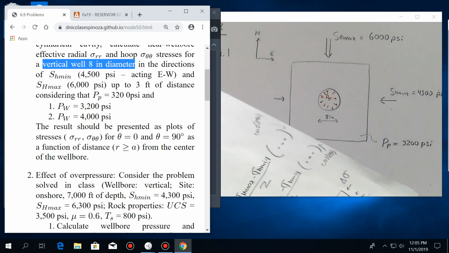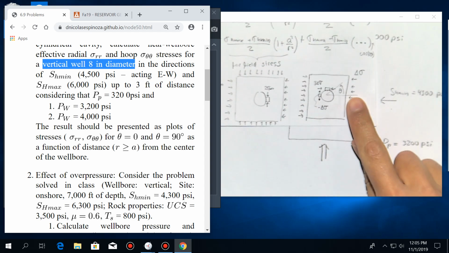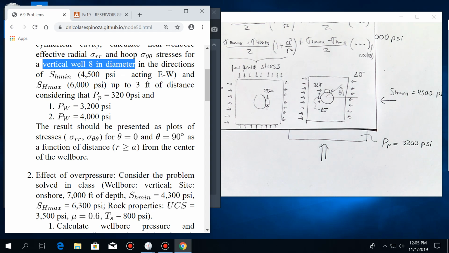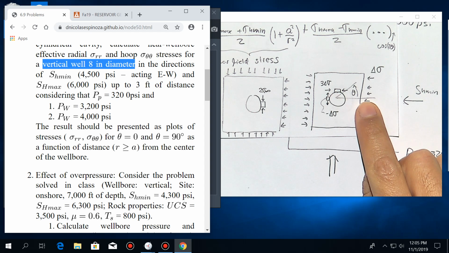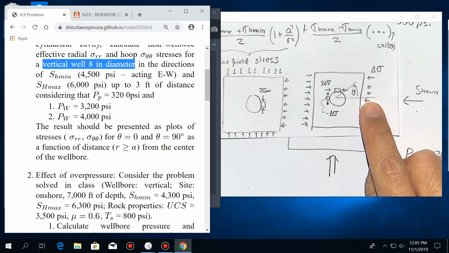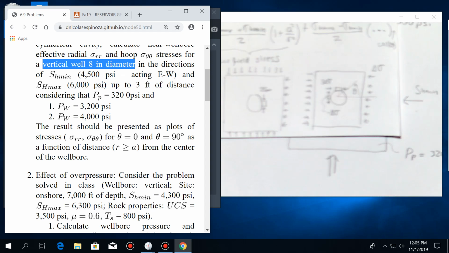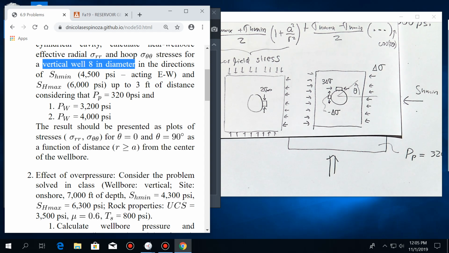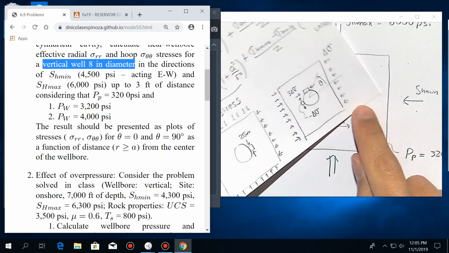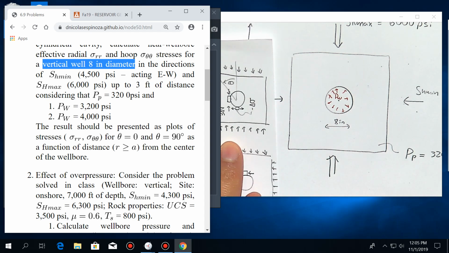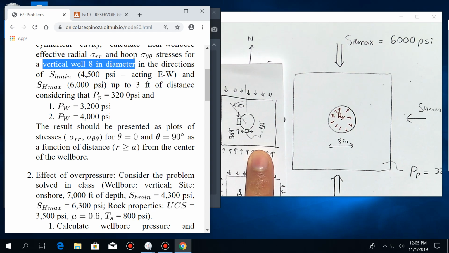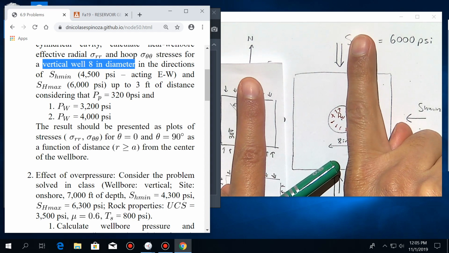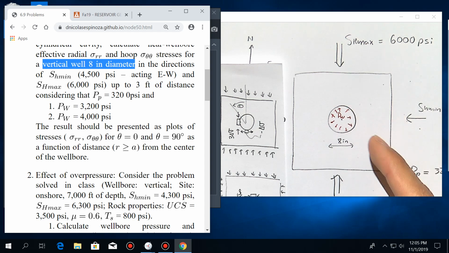And if you remember, that angle theta is always going to be measured from the direction of the maximum stress, which in this case coincides with the direction of the additional differential stress. So in this particular case, that maximum stress is in this direction here, and therefore theta is going to be measured from the direction of SH max.